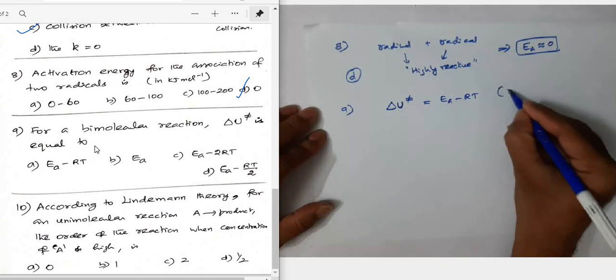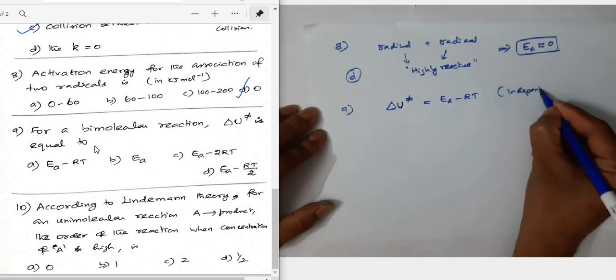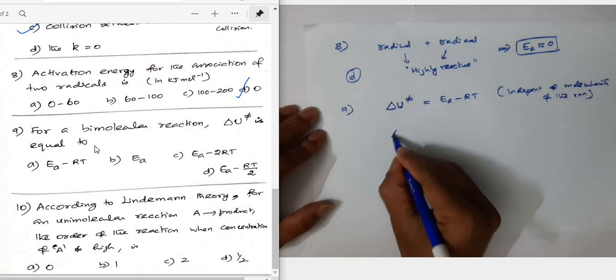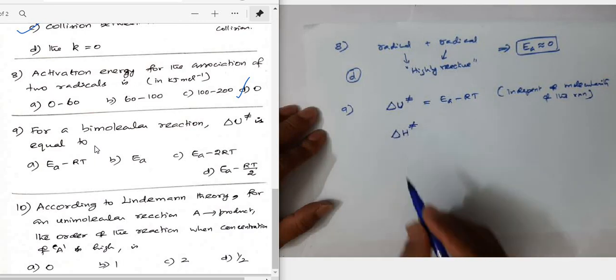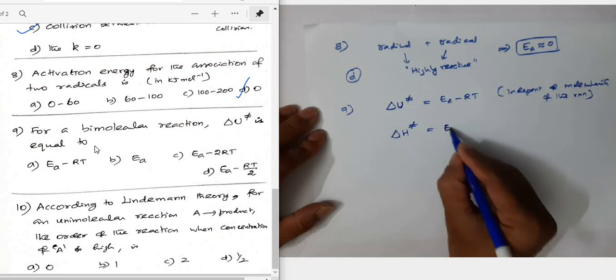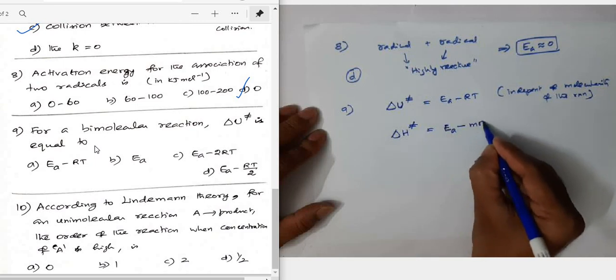It is independent of the molecularity of the reaction, whereas the change in enthalpy of activation depends on molecularity, EA minus mRT.